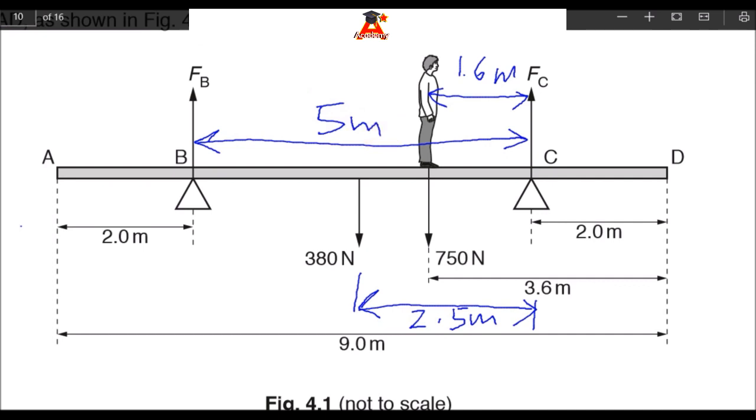We can now take moments about C. Taking moments about C, the clockwise moments would be contributed to by this force and this force. The clockwise moments would be 380 times 2.5, plus 750 times 1.6.